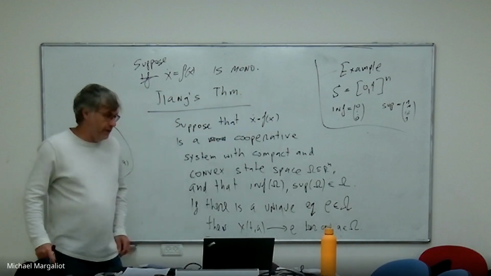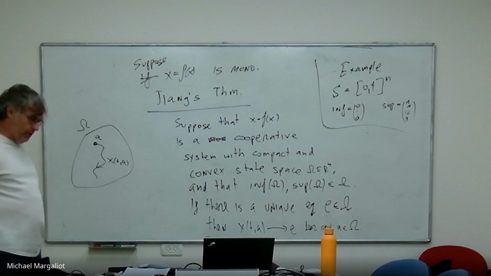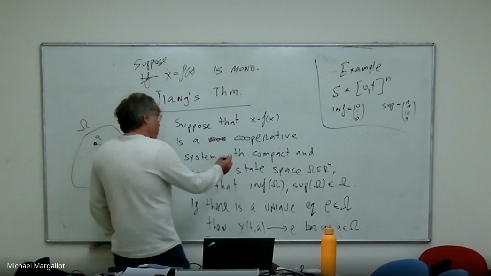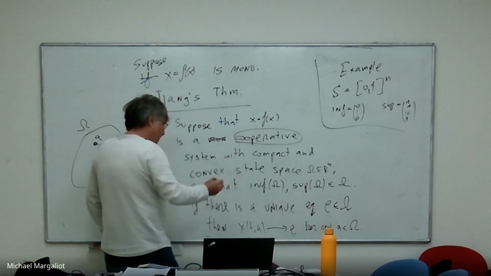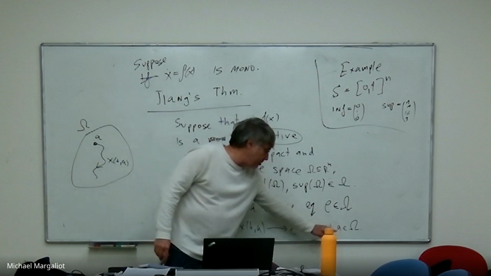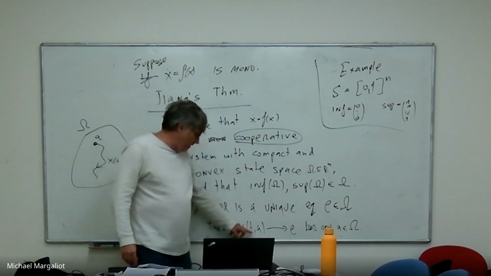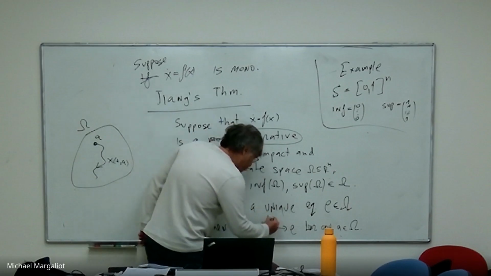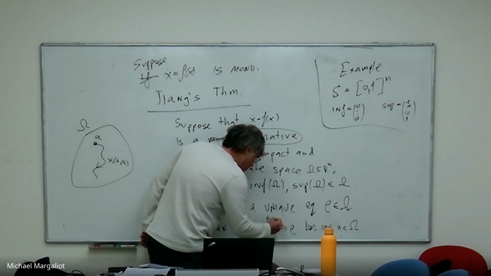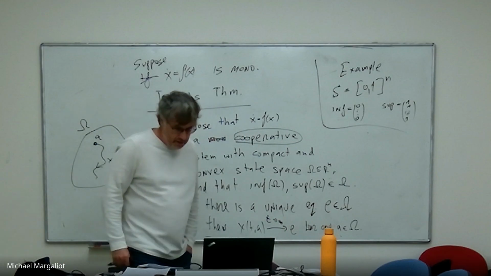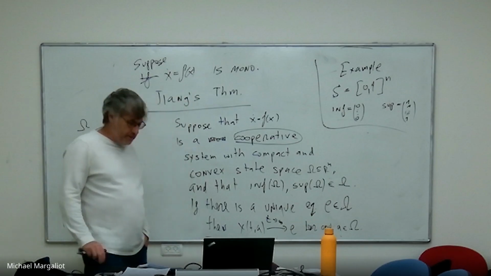If you can verify that there is a unique equilibrium E in your set omega, and also that the system is cooperative, then any solution, any initial condition A in omega, the solution emanating from A will go to E as t goes to infinity. And this is a very strong result. Why is it a strong result?